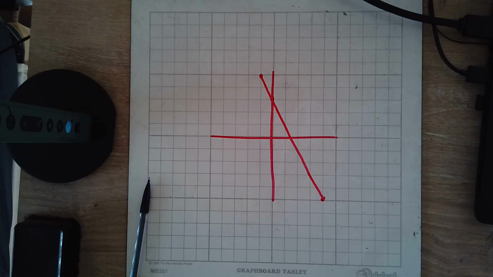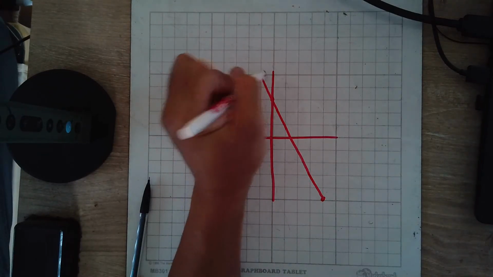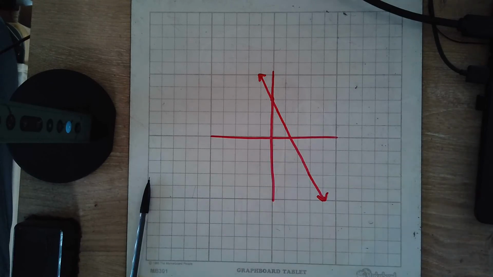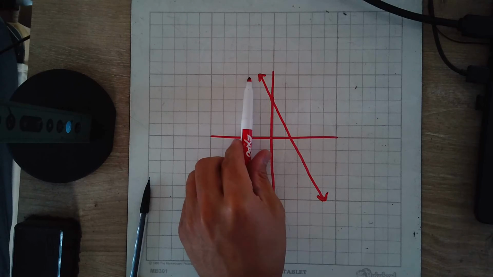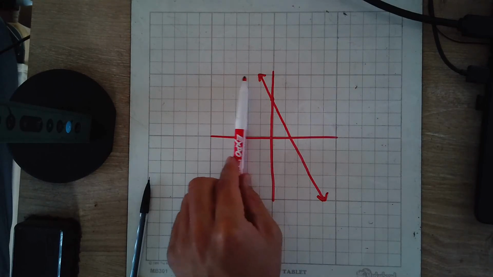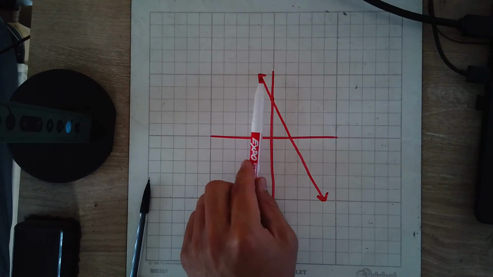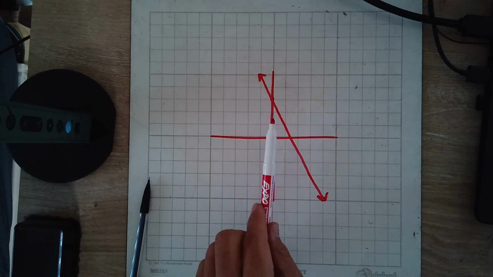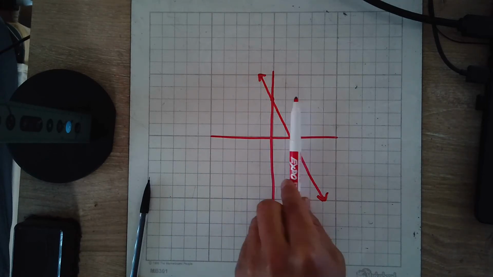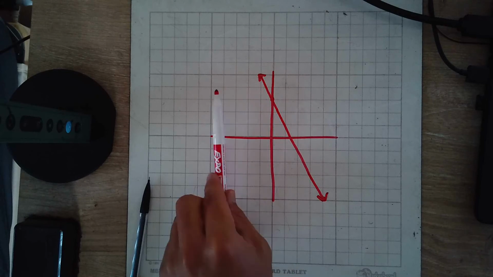Well, once again, with domain, we think of from left to right. But since this graph is sort of going to the end of the paper, we can assume it goes on and on forever. Remember, with domain, we think of left to right. Even though it looks like it's going diagonally, we only care that it keeps on going to the left.